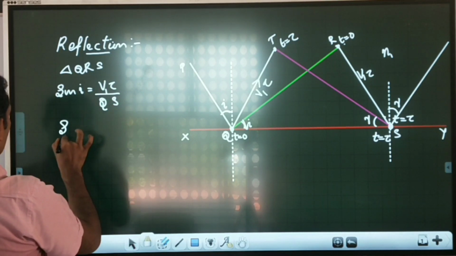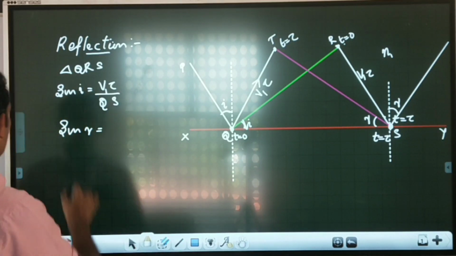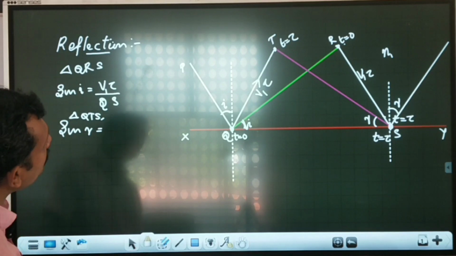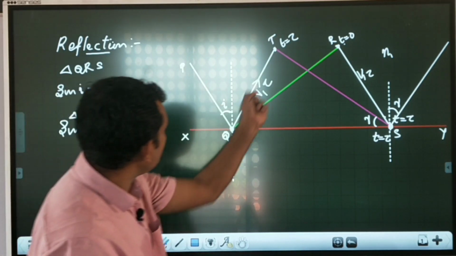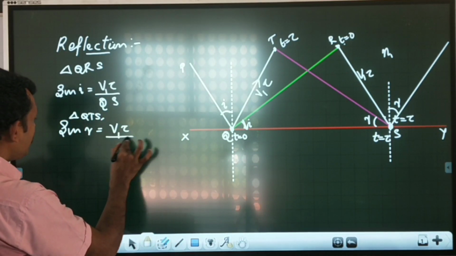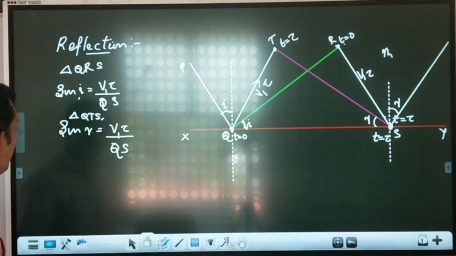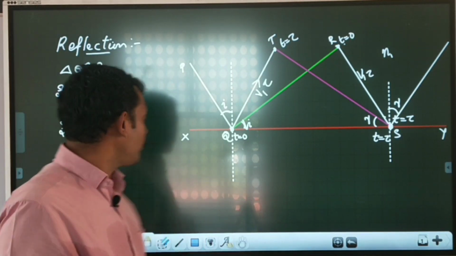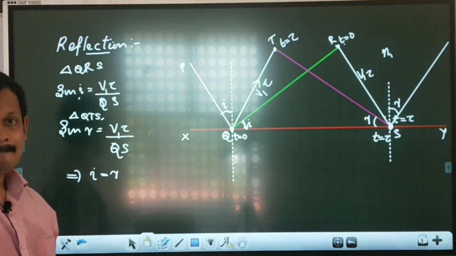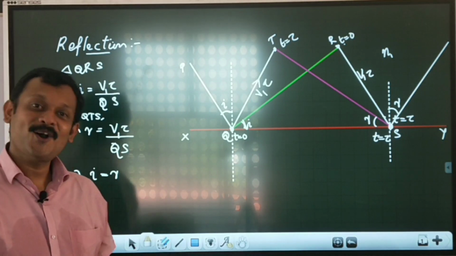Similarly, what is sin r? Look at the triangle QTS. What is sin r? Sin r is QT divided by QS, v1 tau divided by QS again. I got sin i equal to v1 tau by QS, and sin r is also equal to v1 tau by QS, which implies i is equal to r. That is the explanation of reflection on the basis of the wave theory.